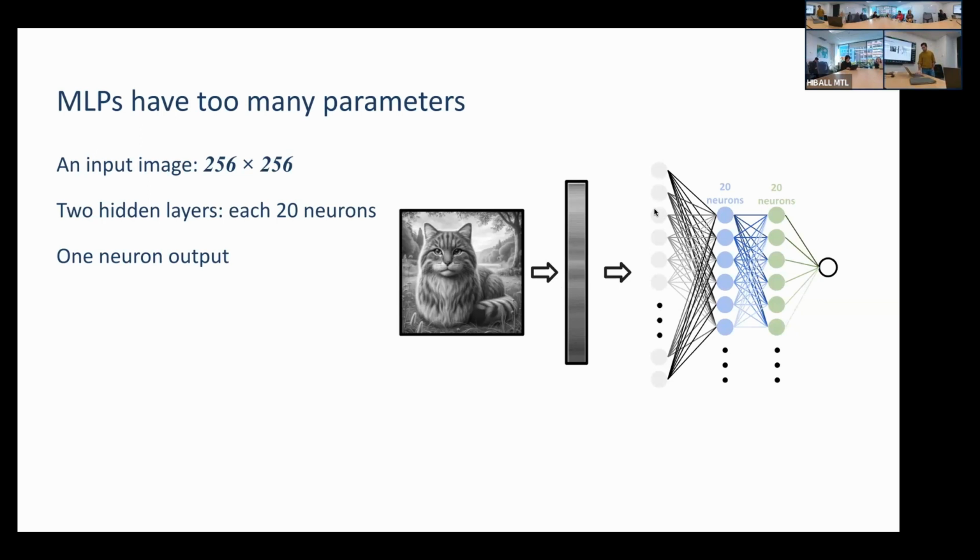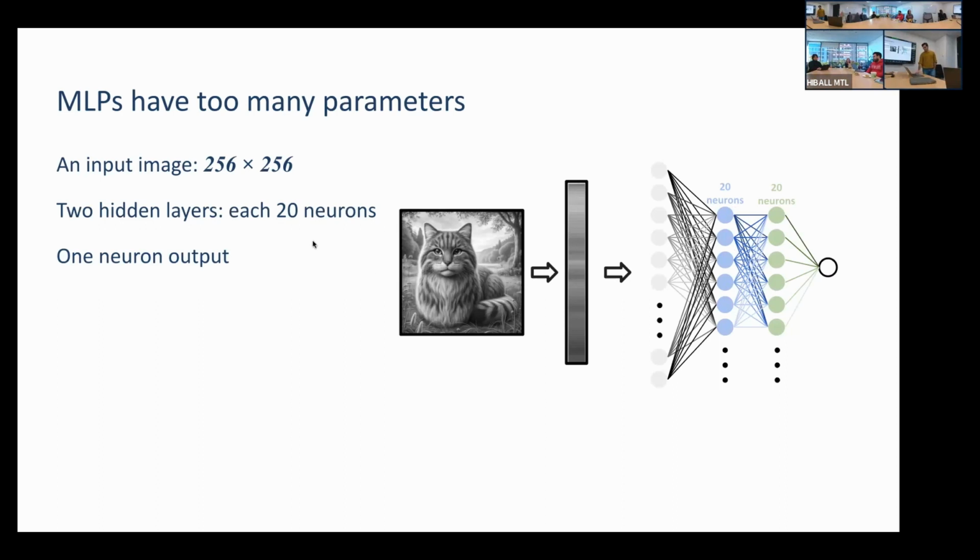Every unit here, the gray units, are the pixels of the image, right? They're connected to the next layer and the output. Imagine that we have only two layers, and each layer only has 20 neurons.